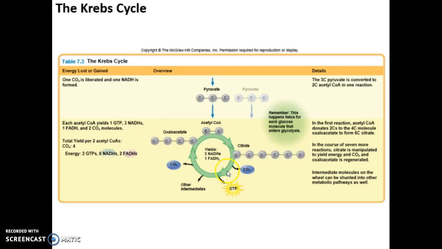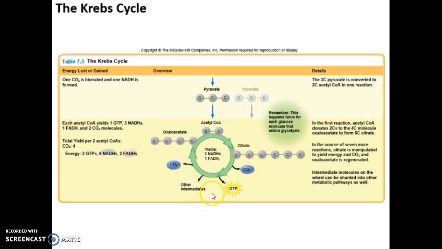As it continues through this cycle of reactions, more CO2 is released, and one of the final steps is the production of oxaloacetate, which then feeds back into the reaction when more acetyl-CoA comes into the mix.